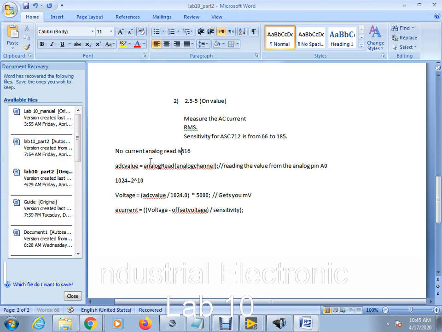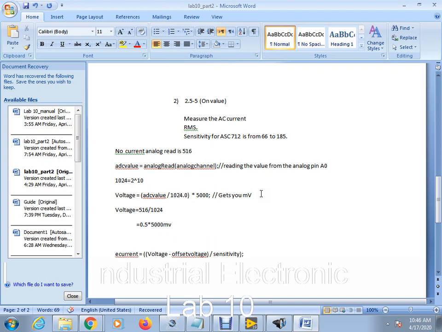So voltage equals 516 divided by 1024, which is equal to 0.5, and you have to multiply this 0.5 by 5000 millivolt.